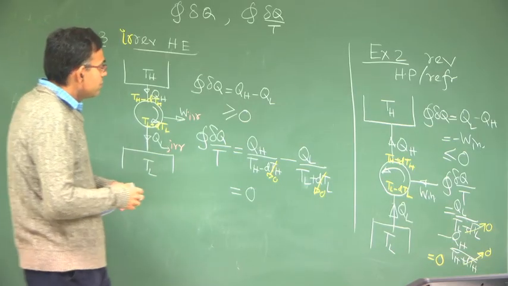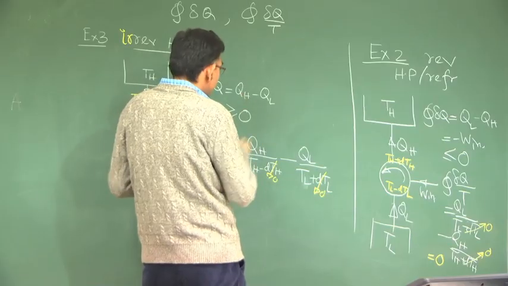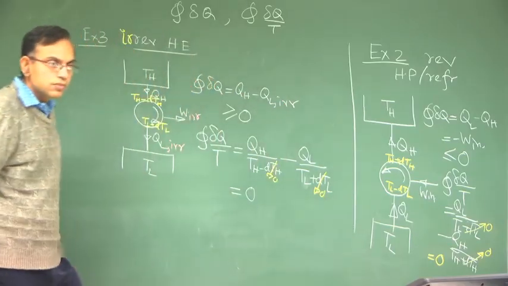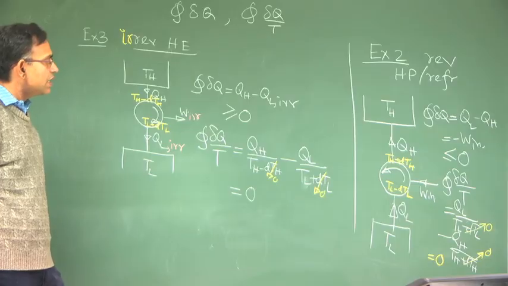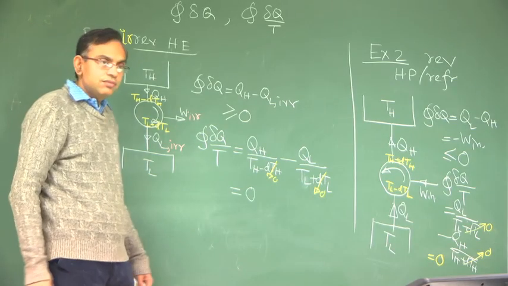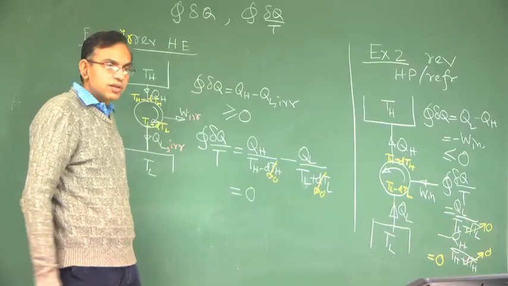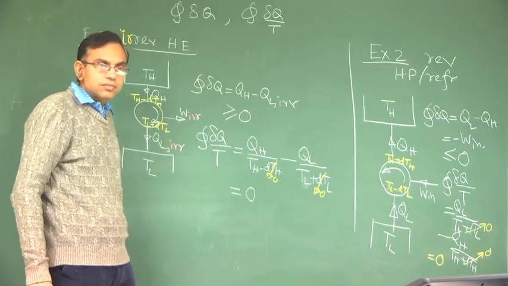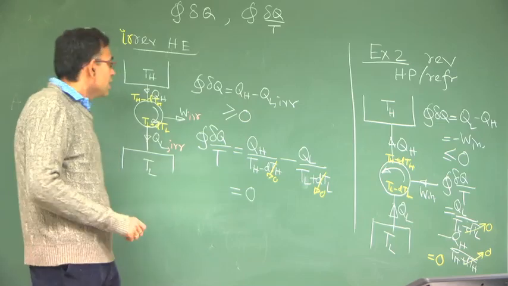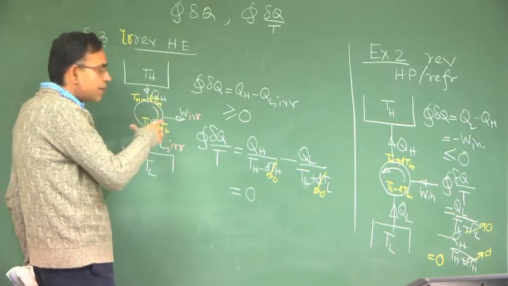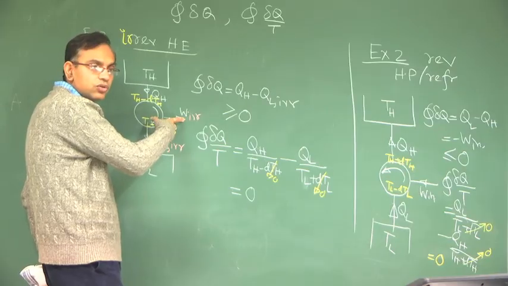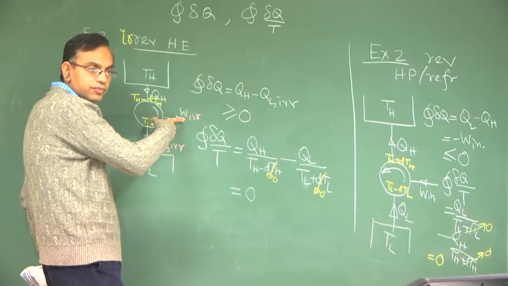So now QH minus QL irreversible. Can we say that it is greater than or equal to 0? Greater than, of course, equality is also possible when it has become so irreversible that because of friction all the energy is dissipated and there is no net work output.